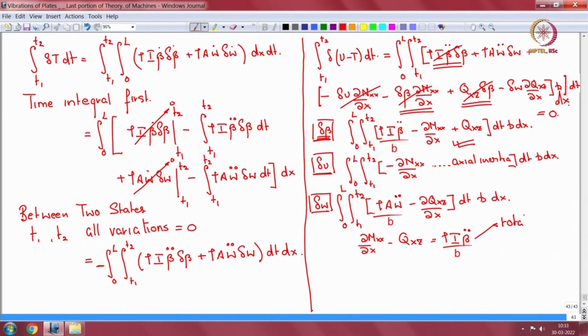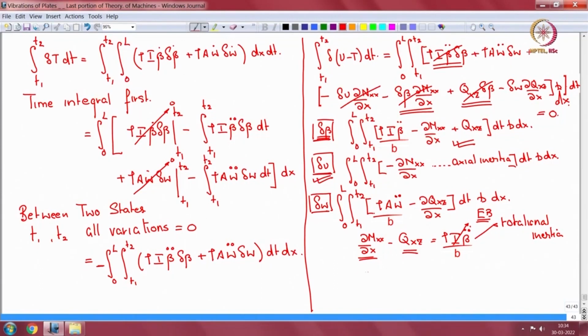This is the rotational inertia term, and therefore in the Euler-Bernoulli theory we ignore this. So del M_XX by del x is equal to Q_XZ. Of course, the other is the axial term; we don't worry about it.